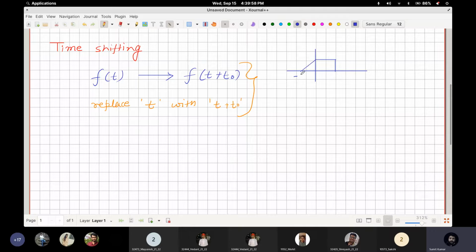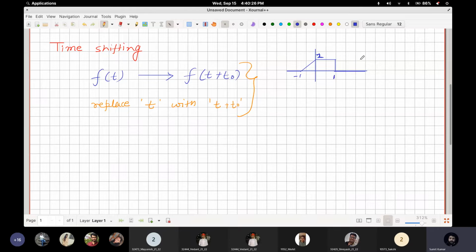So let's say this is -1 and this is 1, and this point let me make 2. From -1 to 0 it's like a straight line, and after that it's a constant. Beyond -1 it is 0, and beyond 1 it is also 0. Okay, so this is the signal, right?